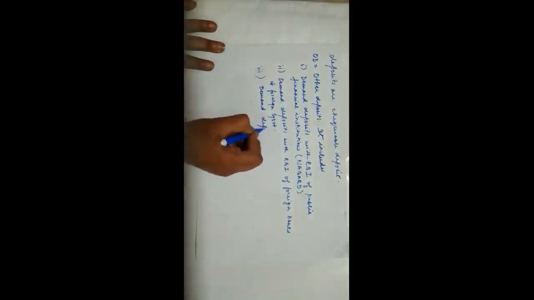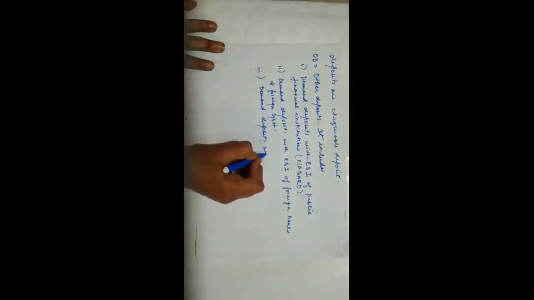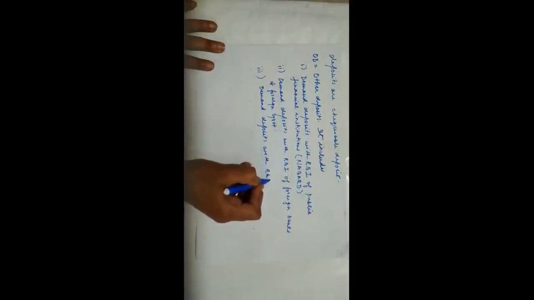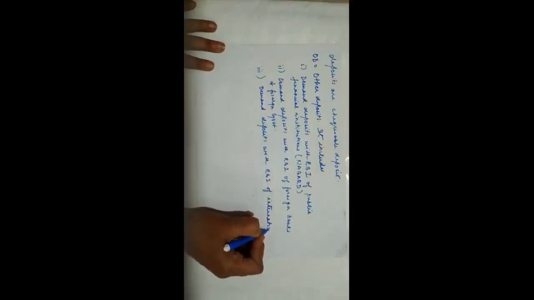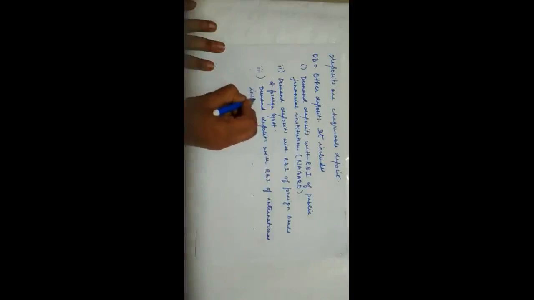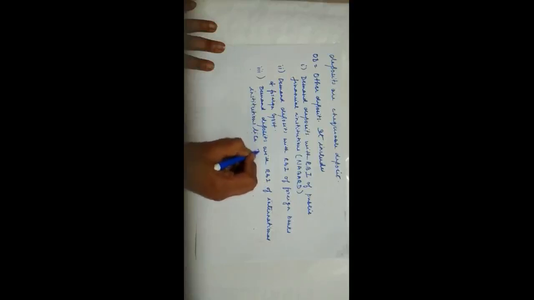And the third one is demand deposits with RBI of international institutions like IMF and World Bank.